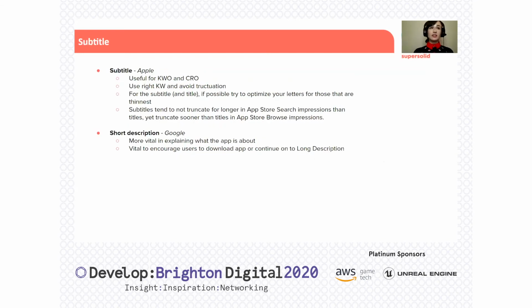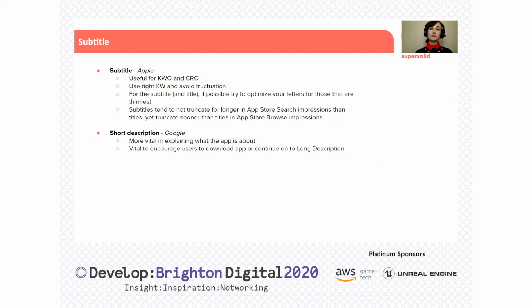So subtitle. Apple has a subtitle and Google has a short description. As I mentioned earlier, they are second most important for keyword ranking. But basically they're also really important for conversion. So it's important to try and not get it truncated for Apple, so try and use as short a description as possible.